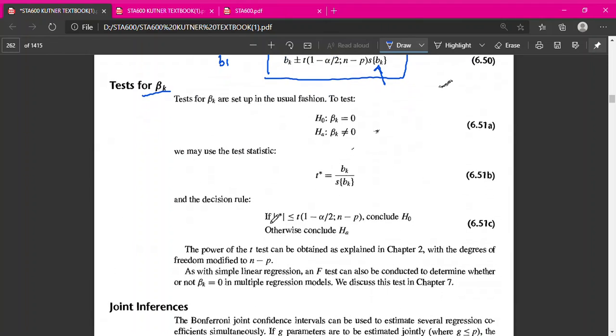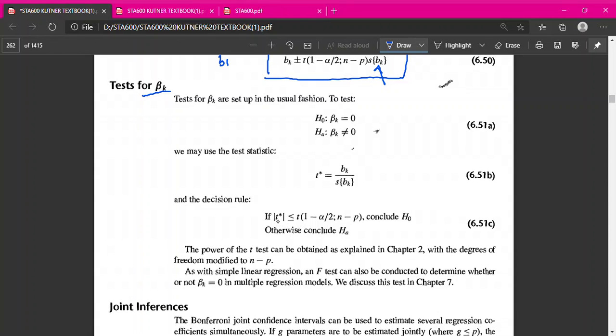Okay, and then like I said tadi, we can test whether the independent variable is significant or not, whether we want to remain the variable in our model or we want to drop that from the model. So kita kena tengok dulu each independent variable tu significant ataupun tidak. So kita boleh gunakan individual test for beta.